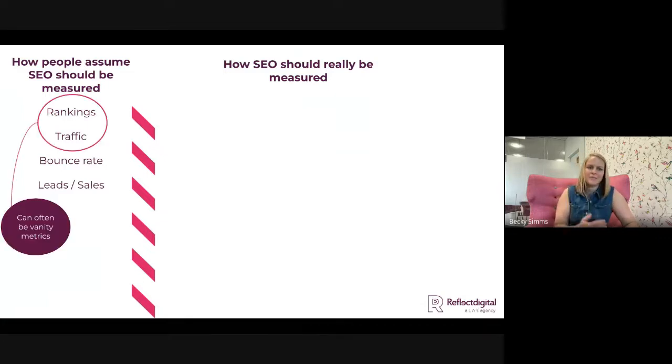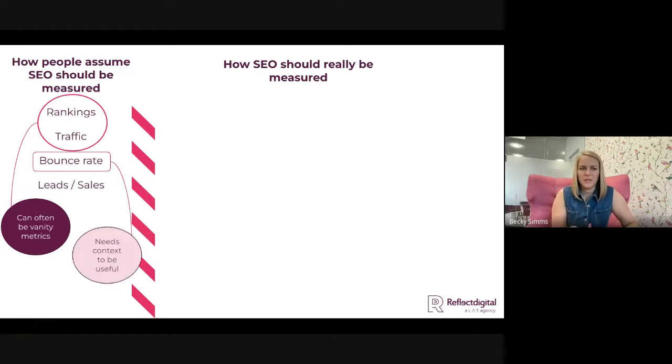Rankings and traffic, for me, are often vanity metrics. They don't necessarily tell us how well the SEO is actually performing at driving the business forward. Bounce rate, well, thank God in GA4 it's going, or it's going to be in a different guise, because it's only useful when taken in context and definitely isn't a sign of good or bad SEO.